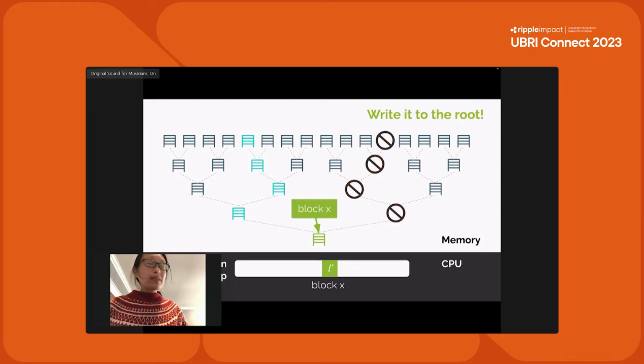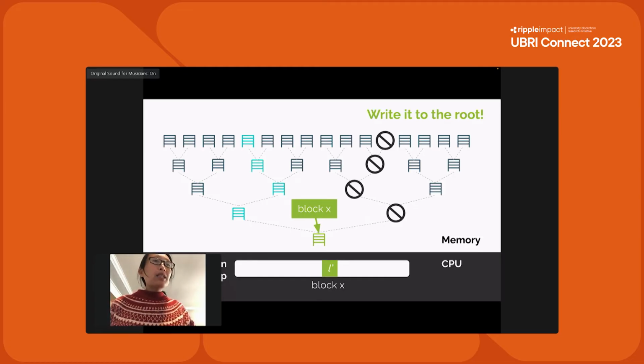The only safe place for me to write it to is the root bucket. Because the root bucket is on every path, when you write it to the root bucket, it doesn't leak any information about the choice of the path. Okay, so this is the basic idea. Of course, the scheme doesn't work yet, because for one thing, I cannot keep writing things to the root. The root will soon overflow, since it has finite capacity, right?